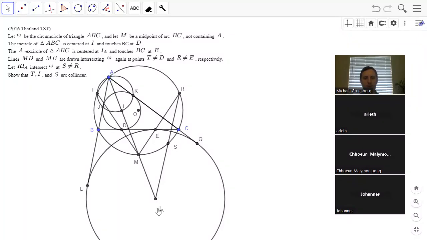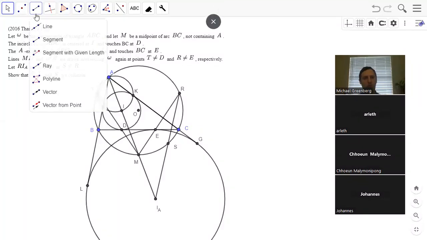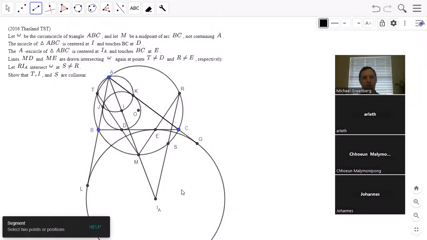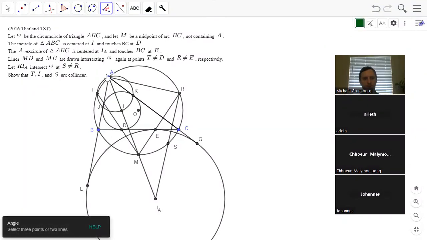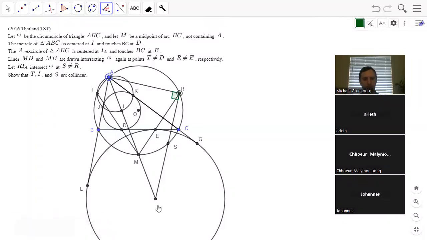This feels a little familiar, actually. It's also the same as saying that angle A R I_A is 90 degrees. We can show that, that would solve it. And then we wouldn't need point S. So that might be an easier way to do it.